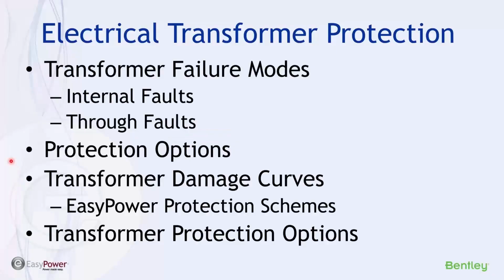So we're talking primarily about electrical transformers, and their failure modes can include both internal faults and through faults. So we're going to be talking about the types of faults, the protection options, get into a little bit of a discussion of the transformer damage curves and how to utilize them as far as making sure your transformer is being protected as much as possible, and then look at the alternatives.